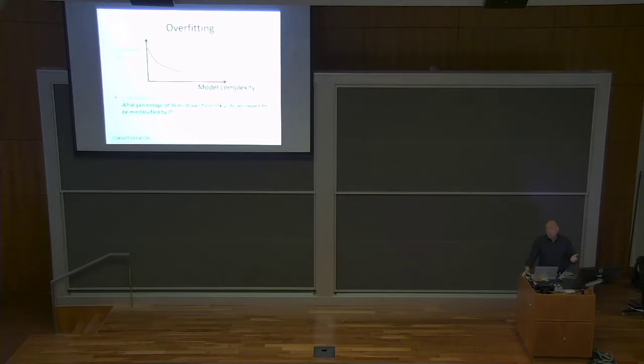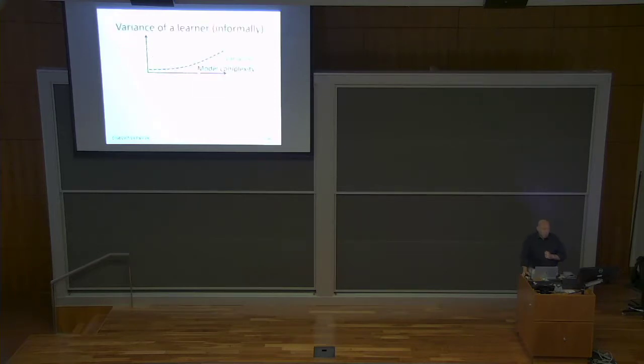Error on what? Error on some test data, set aside test data. But what happens is that while indeed it does go down at the beginning, it's going to go up at some point. And this is where we said that overfitting occurs.